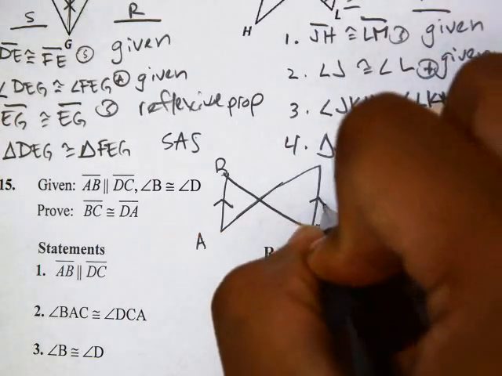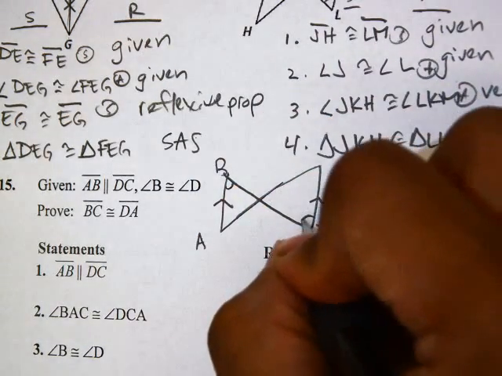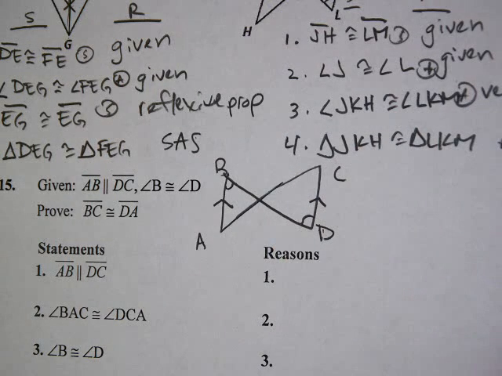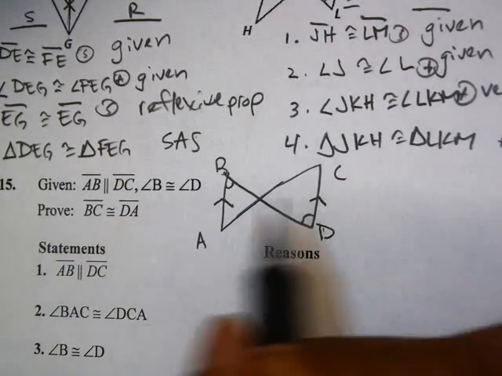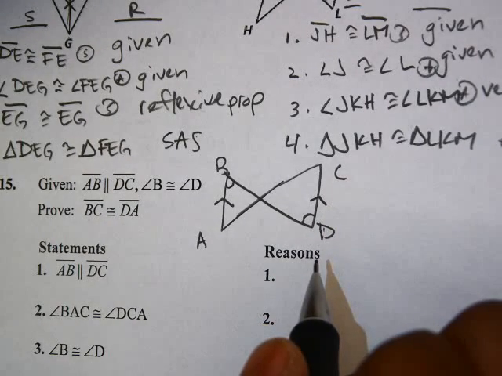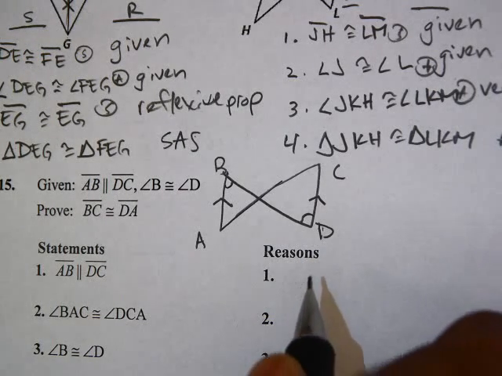That's given to you. B is congruent to angle D. Supposed to prove at the end that... sorry, that's not the picture at all.